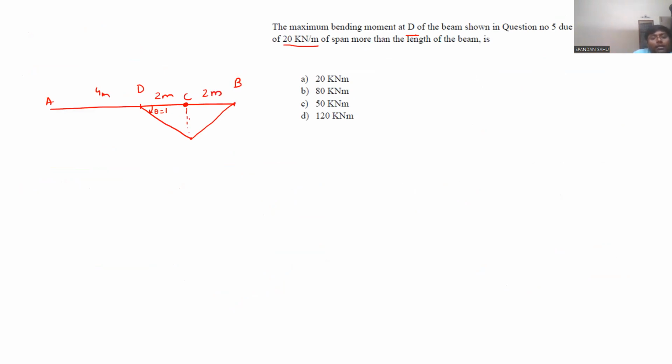Now, if this theta is 1, you can directly write that this height will be 2 meter. Now, tell me the area. Area will be half into 2 into base 2 plus 2.